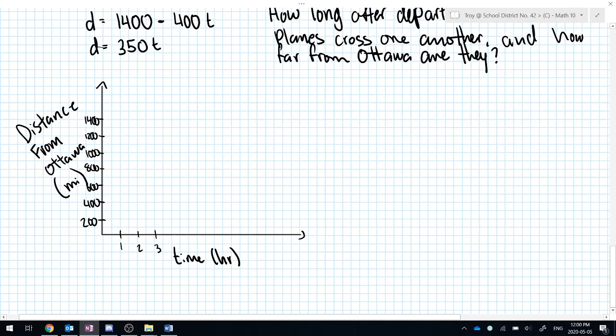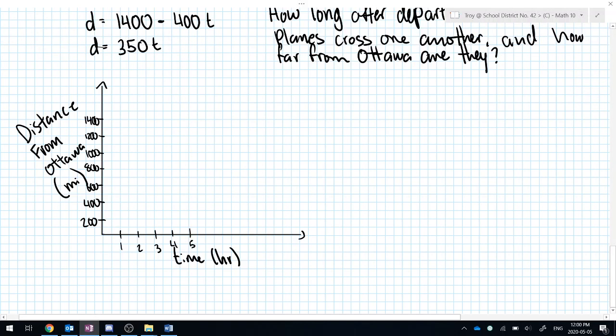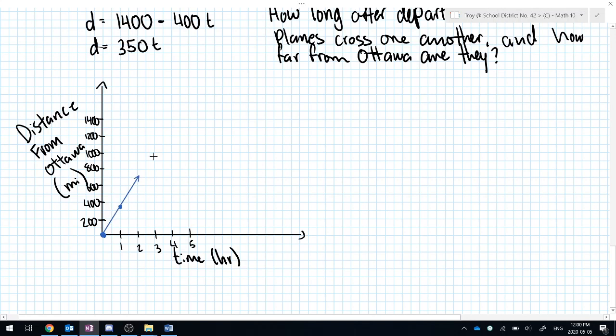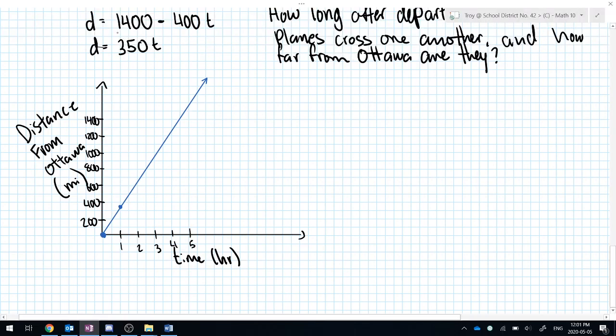And we'll do 1, 2, 3, 4, 5. Okay, so the second one, let's say we'll do that in blue. The second equation has a y-intercept of 0 because it has no b value, and it rises 350, right? It goes over 1. So 350 is going to be about here, so that one's going to look like so. And the red one, this is our b value here.